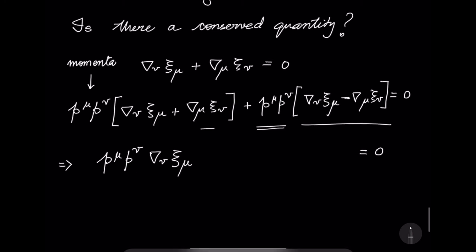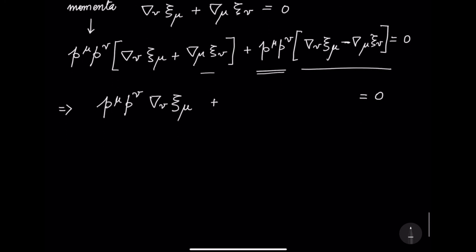Let's add another 0 to it. Now to add another 0, we restrict our situation a bit. We say that we are looking at isometries of the metric. So let me write it down here because this is a point sometimes missed.